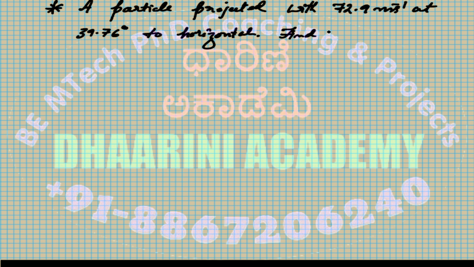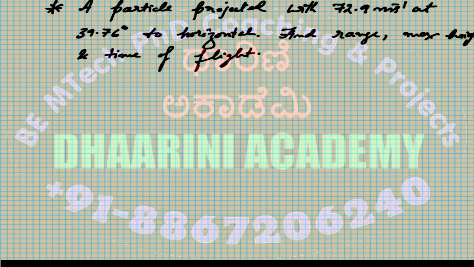You are supposed to find the range, the maximum height, and the time of flight. Straightforward, simple substitution type of equation.